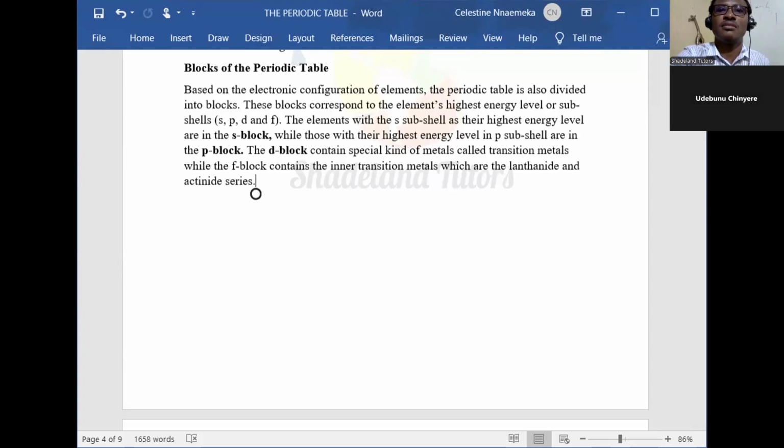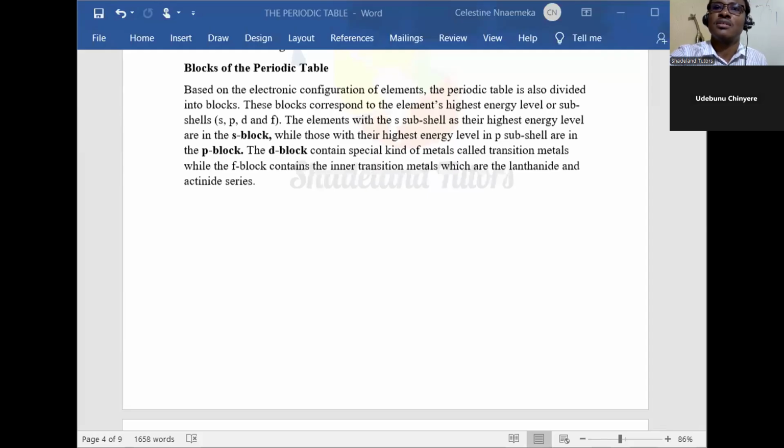Now, Chinyere, I want you to read what you can see. Blocks of the periodic table. Based on the electronic configuration of elements, the periodic table is also divided into blocks.